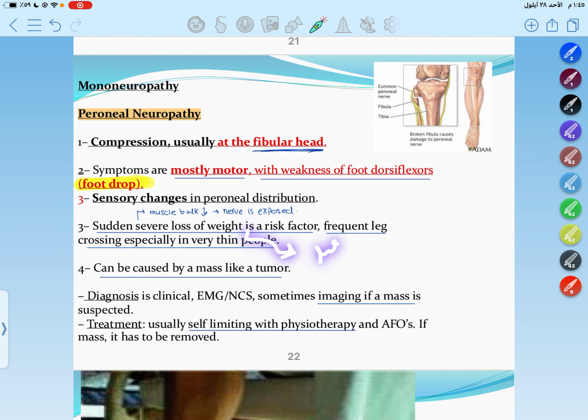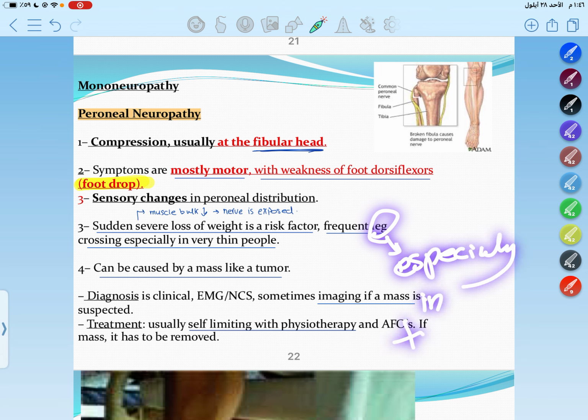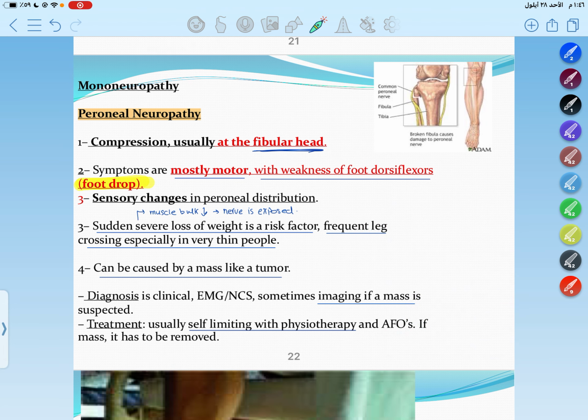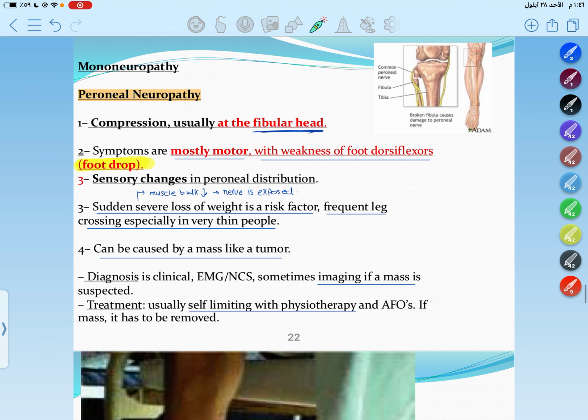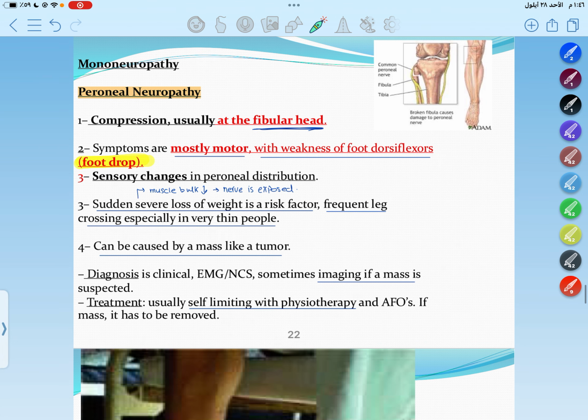Some people always cross their legs. Especially in thin people, but sometimes it could be caused by a mass lesion or tumor. The diagnosis, of course, is clinical plus EMG and nerve conduction study. What if a mass is suspected? Surgery. The usual treatment is self-limiting and recovery with physiotherapy.